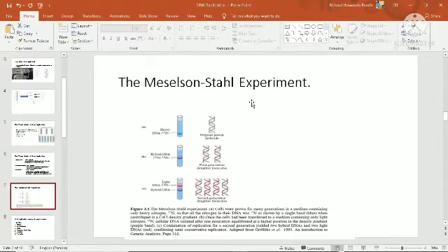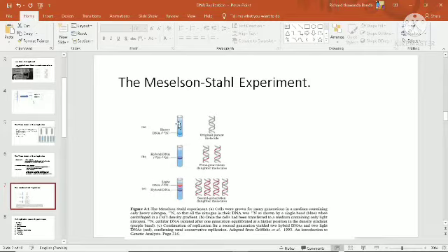And what they did is they used E. coli, which is a bacteria. Since E. coli is able to replicate faster, it was more ideal for the experiments. So they used E. coli and then they grew it in nitrogen. You know nitrogen has isotopes. So you have N15 and then you have N14, N15 being the heavier one.